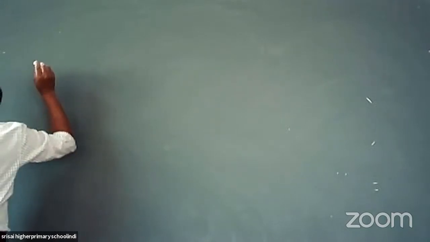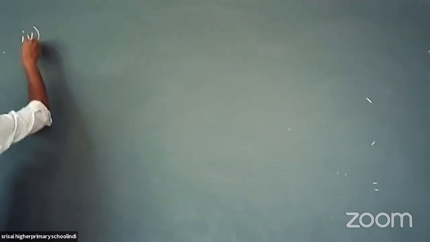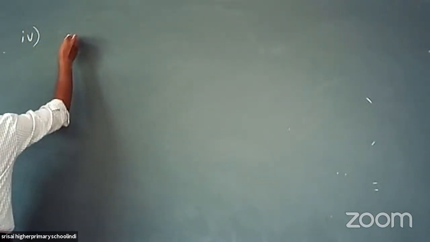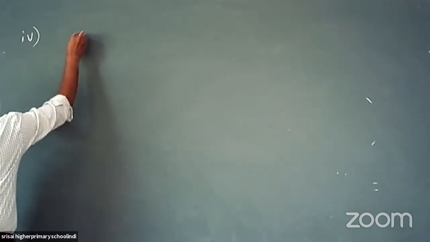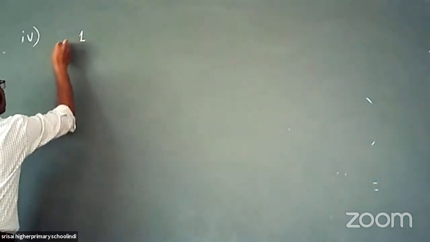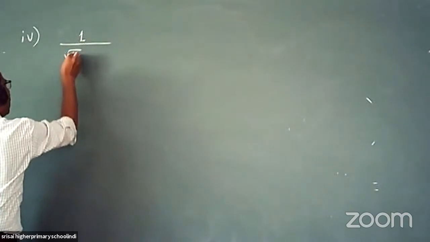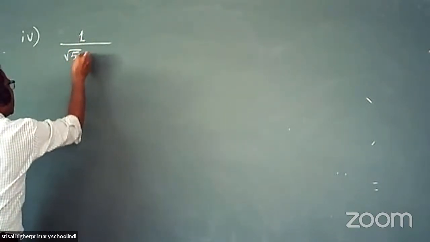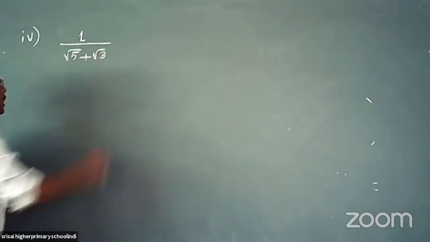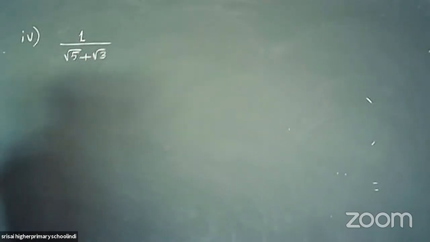Okay, now another example. Example number? 4. Okay, 4. Now, if it is like this, say 1 divided by square root of 5 plus square root of 3. Denominator is rational or irrational? Irrational.